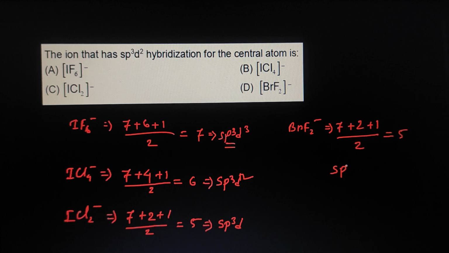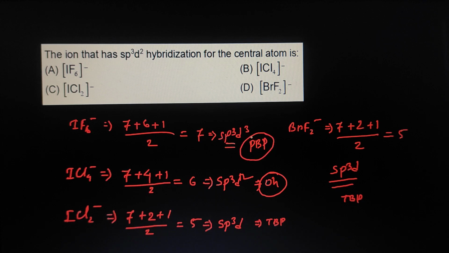So this is also sp3d. So it is a TBP structure, but the shape must be different due to the presence of lone pairs. This is octahedral, and this is PBP, pentagonal bipyramidal, sp3d3. So the correct answer will be option B, ICl4 minus, which has sp3d2 hybridization of the central atom iodine.